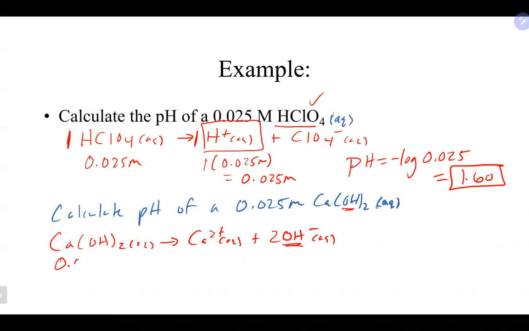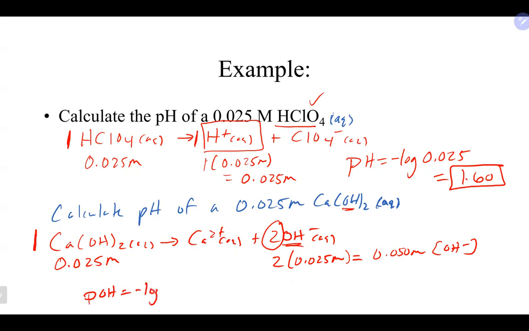So if this concentration is 0.025 molar, it is a 1-to-2 relationship here, which means the proper concentration of hydroxide would be 2 times 0.025 molar, which gets us 0.05 molar as our hydroxide concentration. That again is going to allow us to calculate the pOH in this case. The pOH would be minus the log of 0.05. So minus the log of 0.05 gets us 1.30.